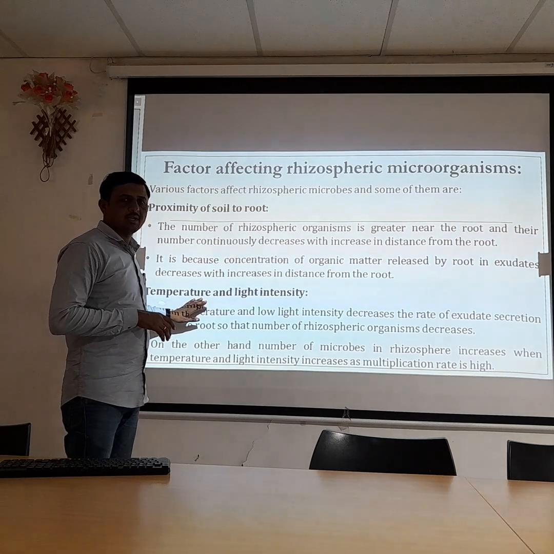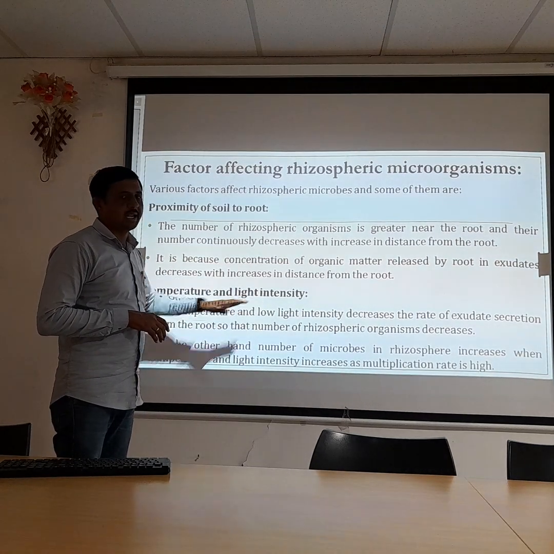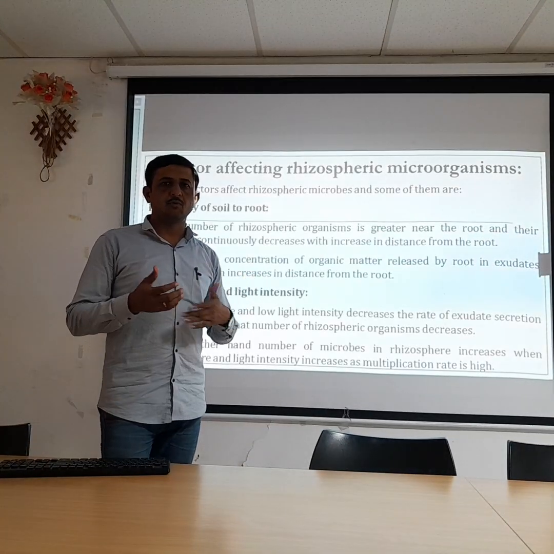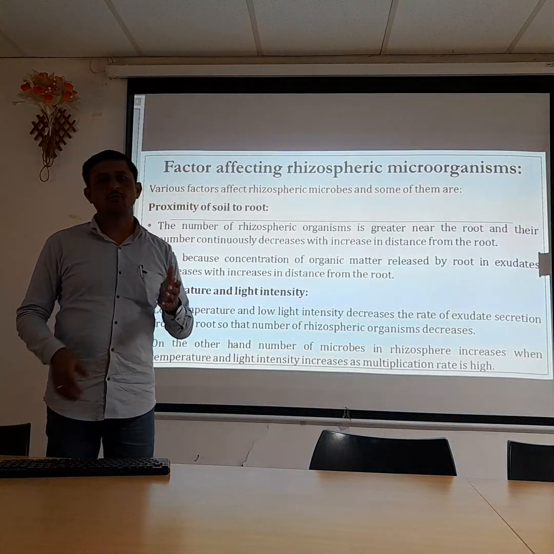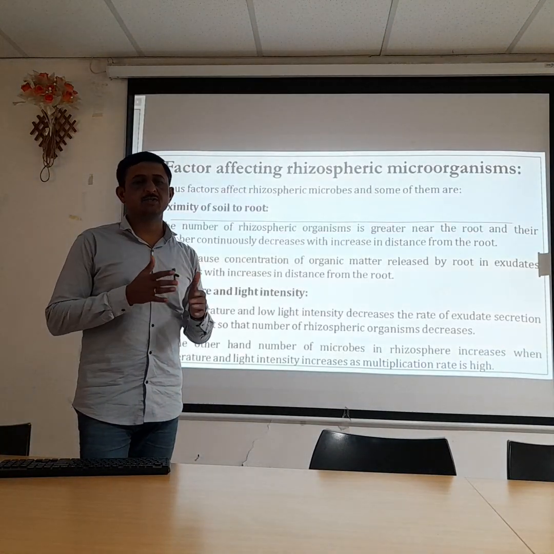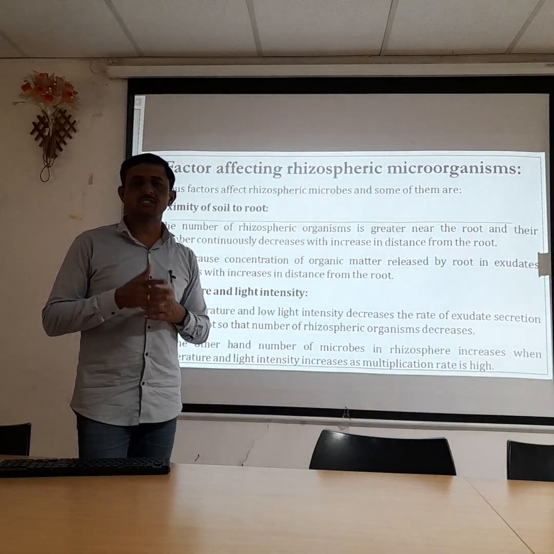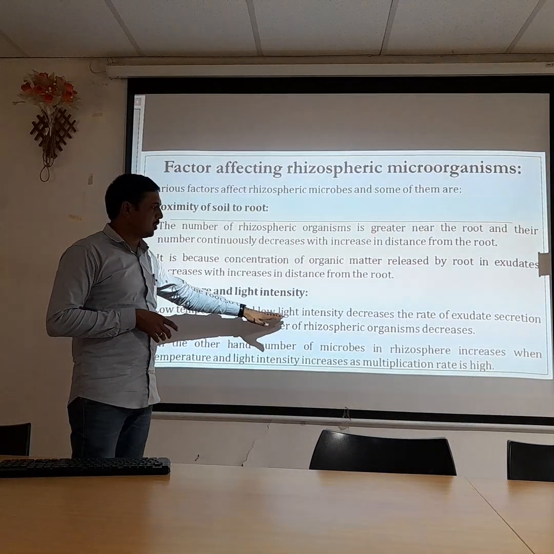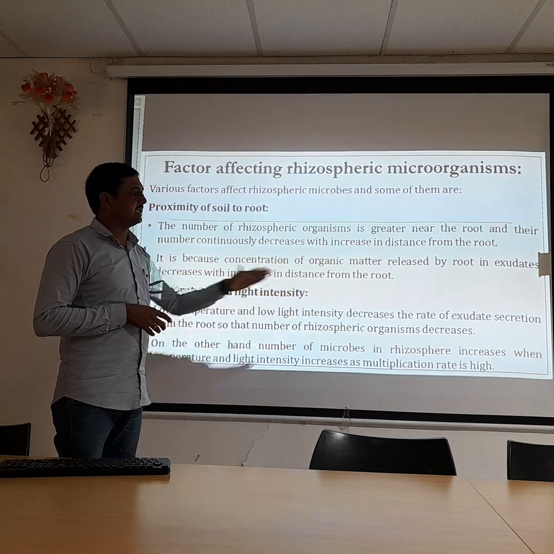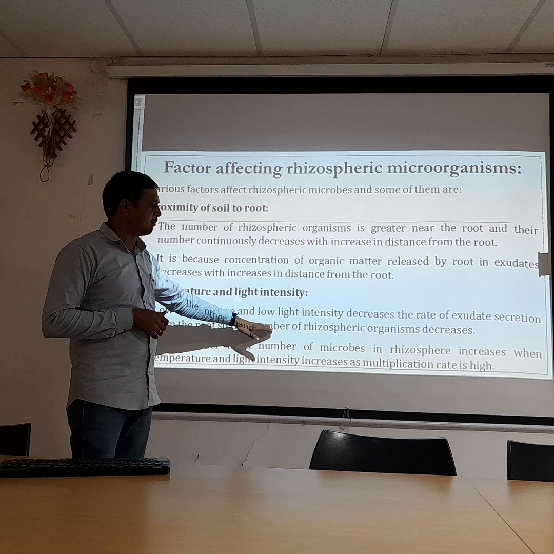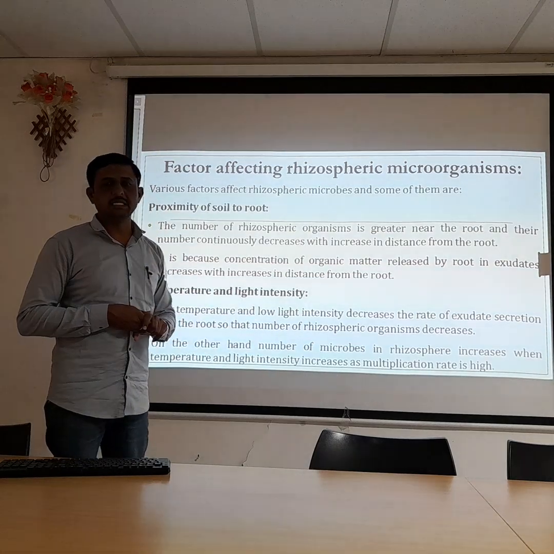Another factor is temperature and light intensity. For optimum growth, microorganisms require an optimum temperature so that they can carry out their metabolic processes easily. Low temperature and low light intensity decrease the rate of exudation secreted from the root, so the number of rhizospheric microorganisms decreases.